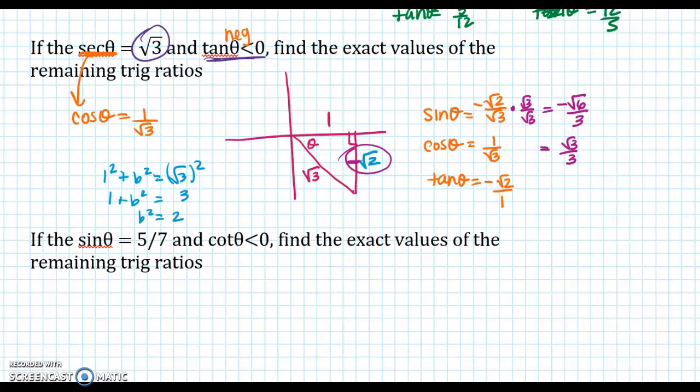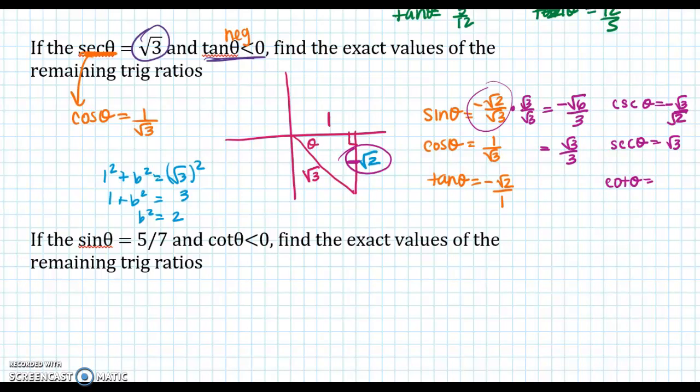And we can also find the secant, the cosecant, and the cotangent. So again, I usually flip this fraction. It's still going to be negative root 3 over root 2 this time. This one is going to just be root 3, which we already knew.